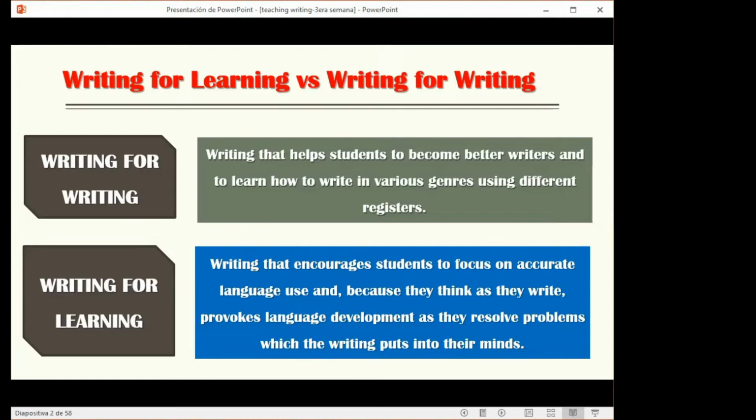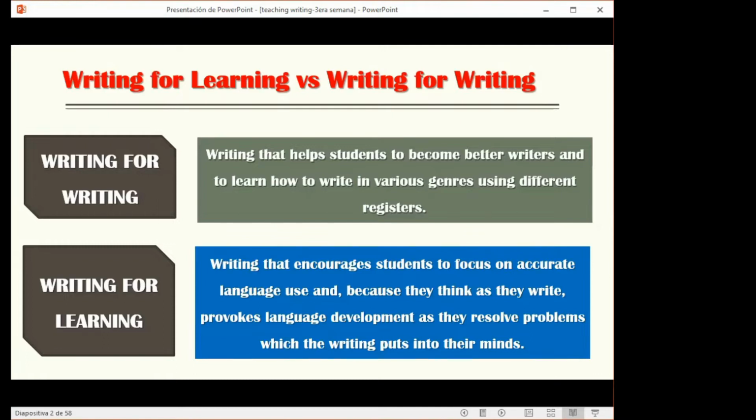Notice these two ways. And we made a comparison with reading, intensive reading and extensive reading. So here you have this kind of connection.